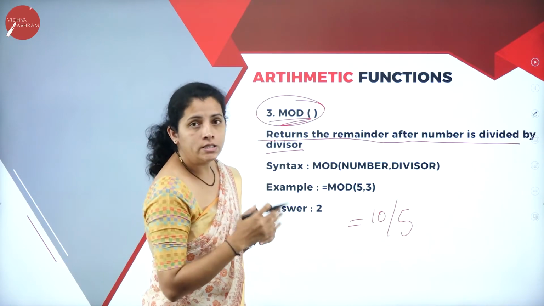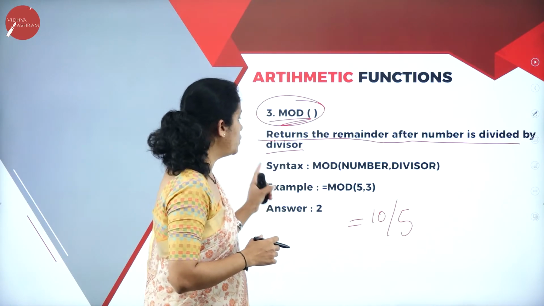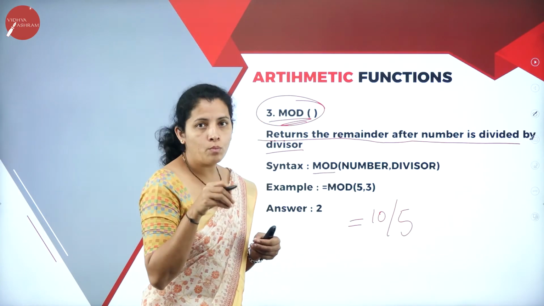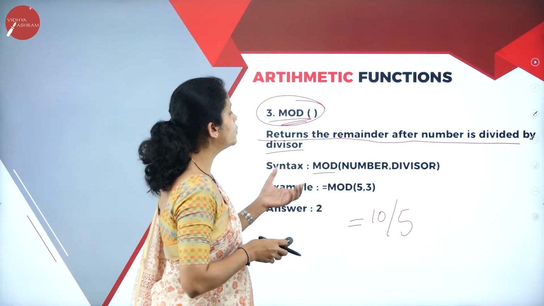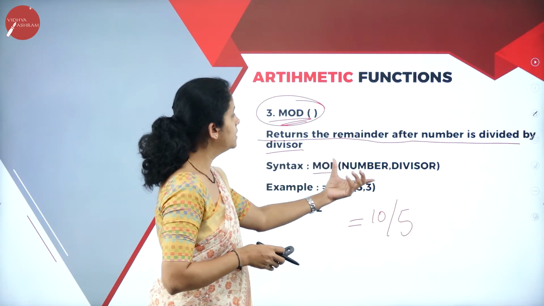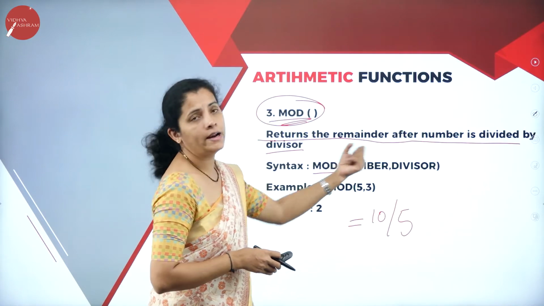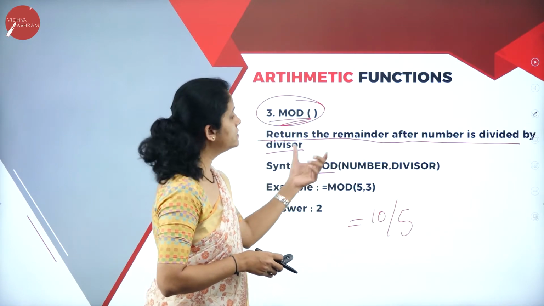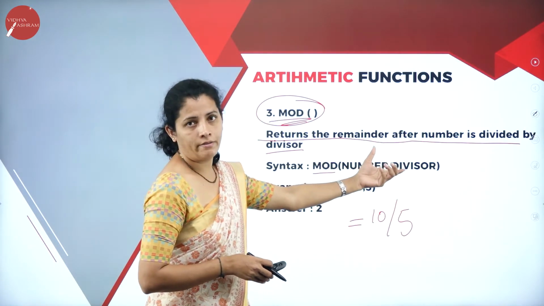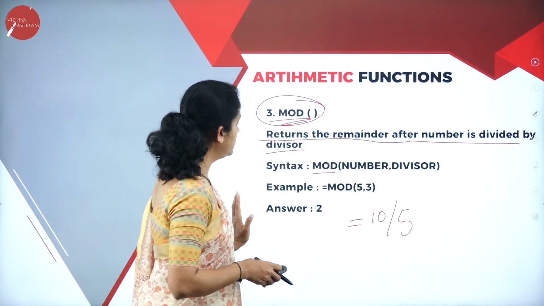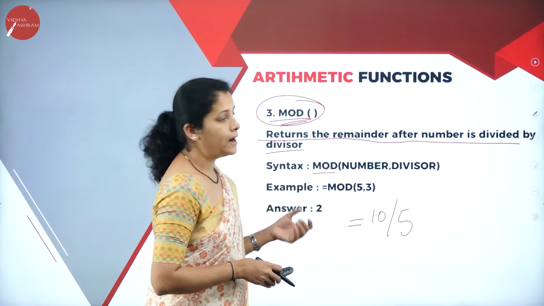Then what is the syntax here? I'm going to have the mod function and pass two values: the number to be divided, and the divisor. Then what is the output? That is nothing but the remainder.